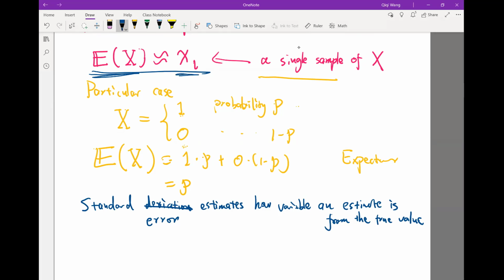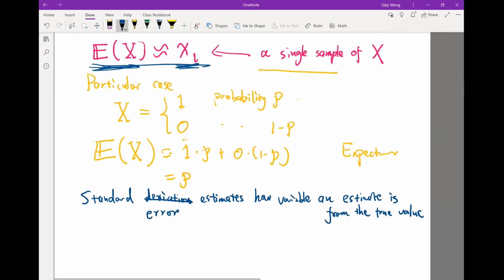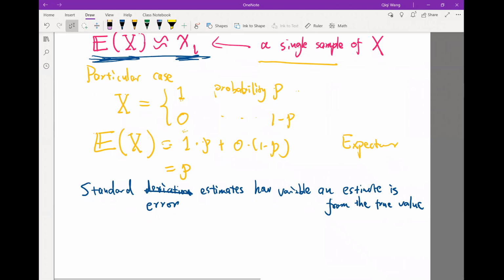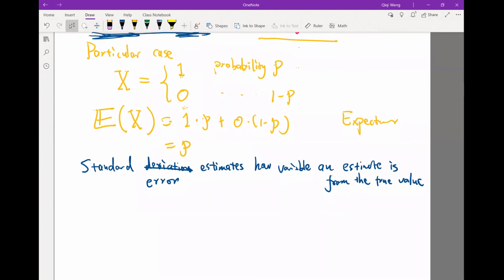So the standard error is supposed to estimate how that single sample is going to deviate from the mean. Let's put down the definition first.